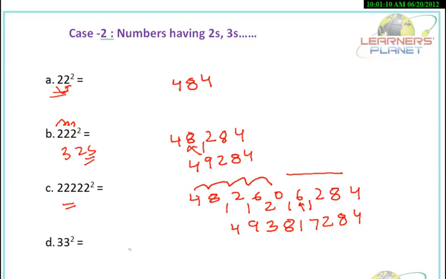So here we have 2 3's. So we'll be counting the table of 9 up to 2 terms. So it's 9, 9 2's are 18, then further 9. In the next step, we'll be adding the carryover: 9, 8, and 1 plus 9 is 10. So the square of 33 is 1089.